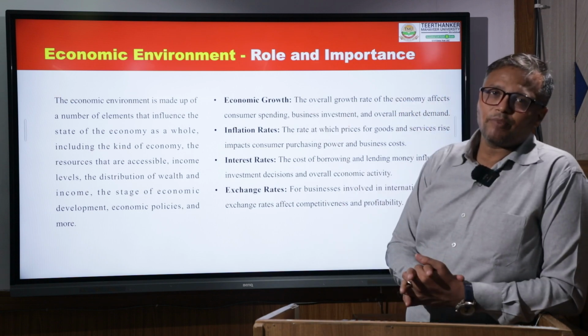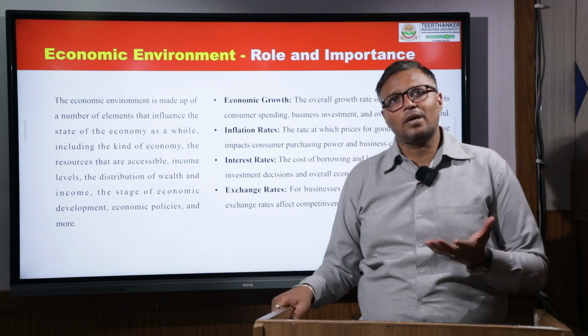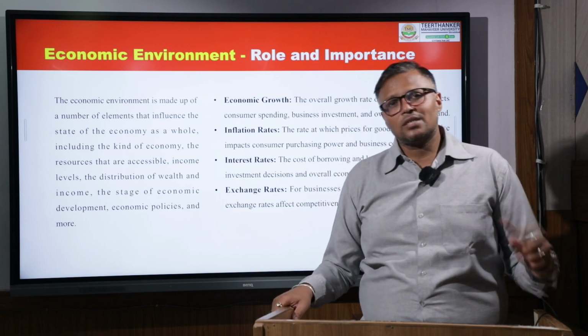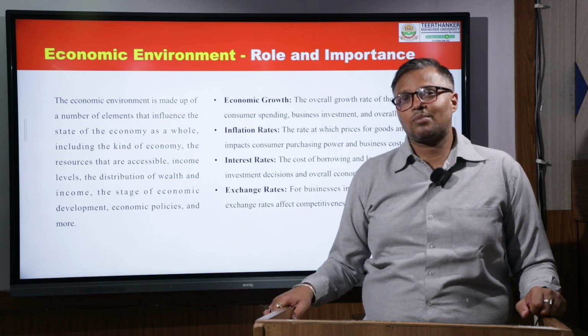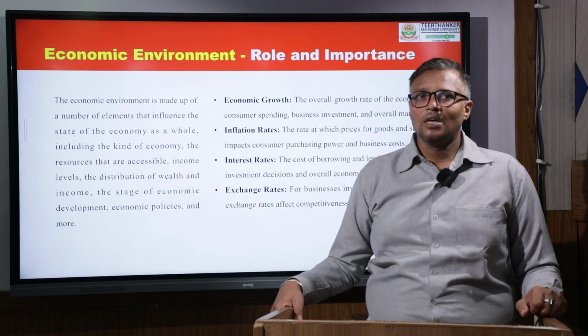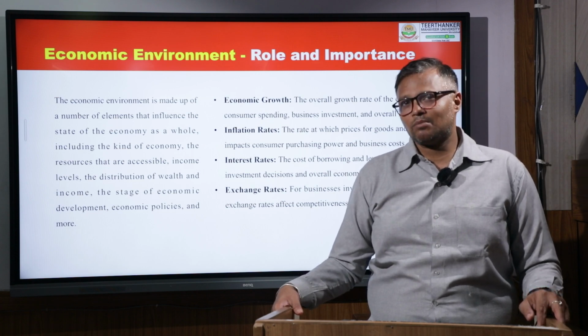These days, we have been hearing that India's GDP is increasing. India's GDP is booming. India's presence in the world is on a higher side. Companies are investing in India. Companies are liking Indian policies, Indian frameworks, Indian environment, and they are ready to enter the Indian business market.